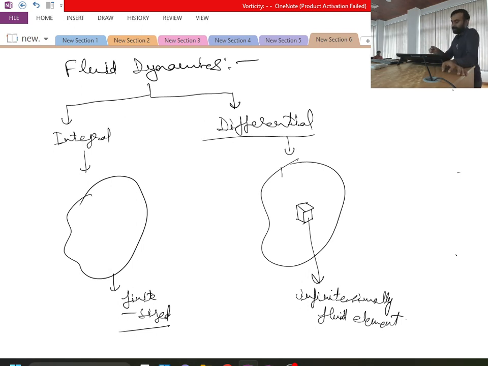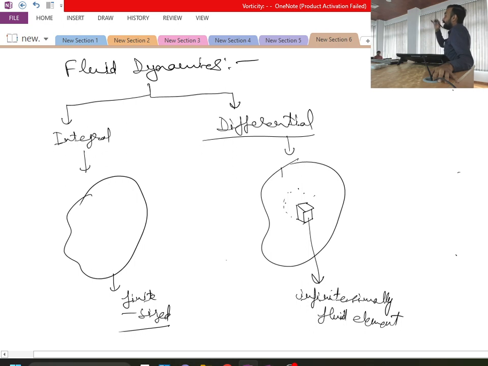On the contrary, in the differential approach, the solution we obtain is applicable at each and every point within the flow. Our governing equations are derived in such a way that we get a solution which we can determine at each and every point within the flow. So it means this gives us a detailed continuous solution. Okay, is this point clear?